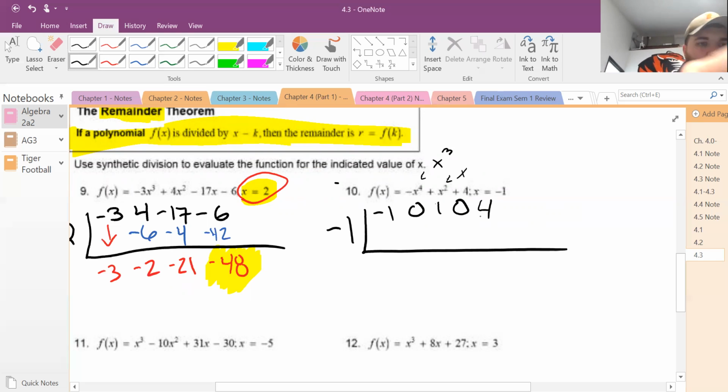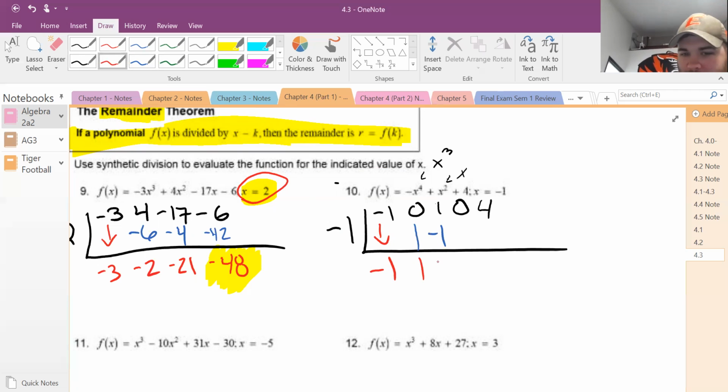Okay, so let's drop it straight down and do the whole process. Okay, -1 times -1 is going to be +1. Add those straight down. 0 plus 1 is obviously 1. 1 times 1 is going to be -1. Okay, add them straight down. I'm going to get 0. 1 plus a -1 is going to be 0. -1 times 0 is going to be 0.